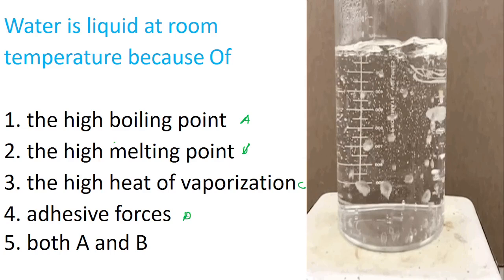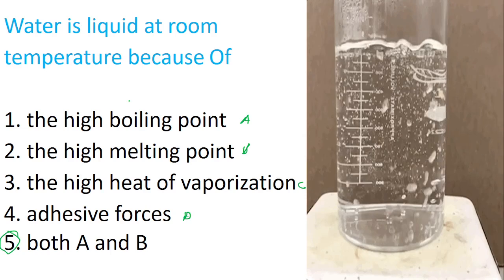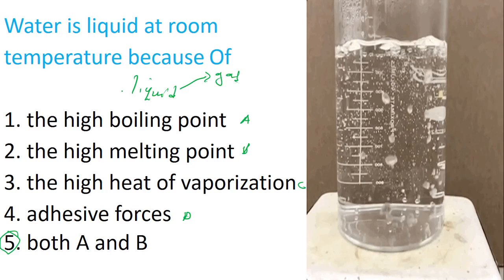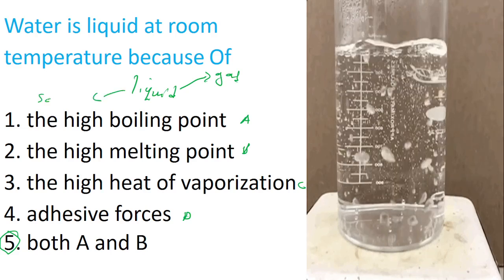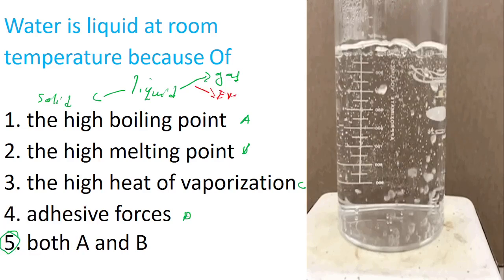Okay, yeah, option 5 is correct, because when water is a liquid, it has a high chance of becoming a gas. So it also has a high chance of becoming a solid. So when you talk of the change from the liquid to a gas, that will need boiling, and that's evaporation.